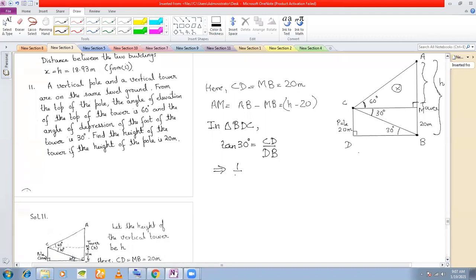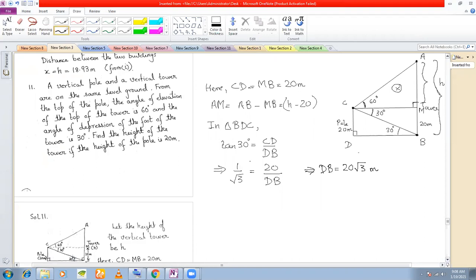Tan 30 is 1 by root 3. CD is given to you as 20 meters and DB we need to calculate. DB is the distance between the pole and the tower. That means DB is equal to 20 root 3 meters. Keep it as it is. We'll see if we can work with root 3 later.